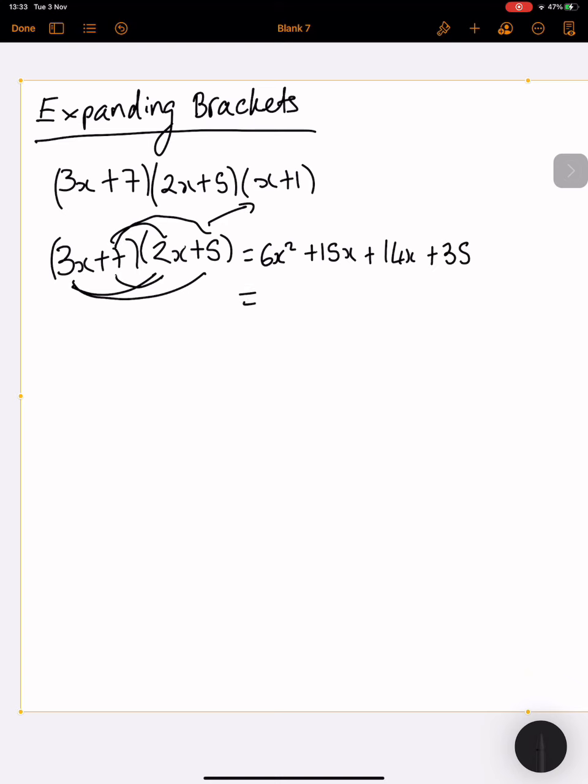Now when we simplify this, it's going to become 6x squared plus 29x plus 35.